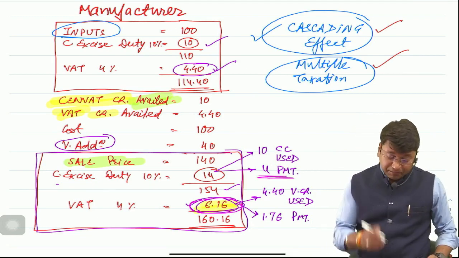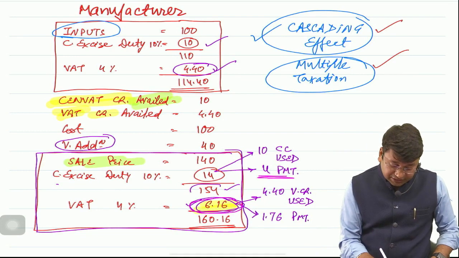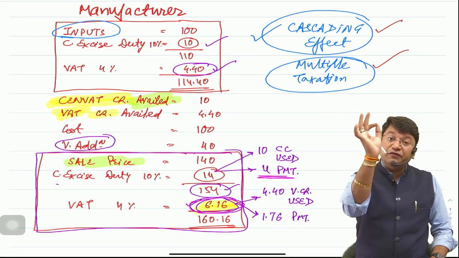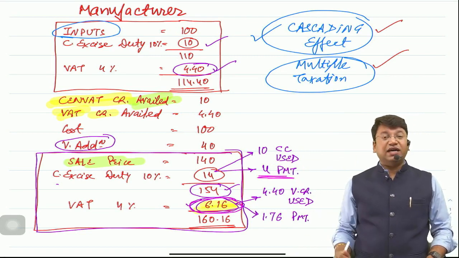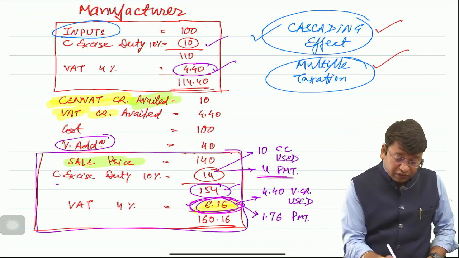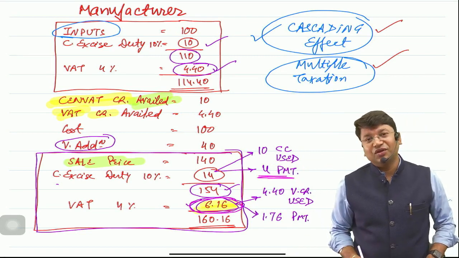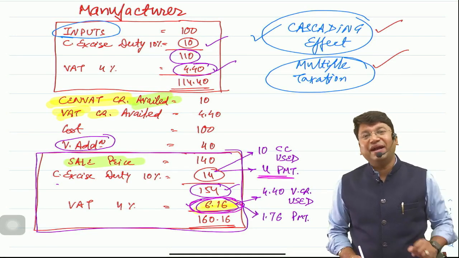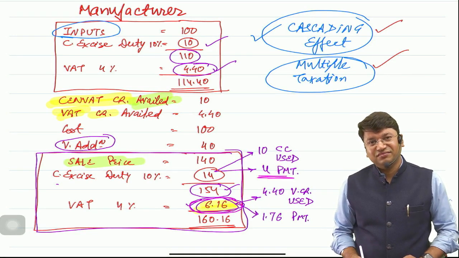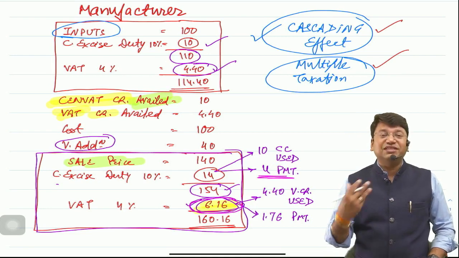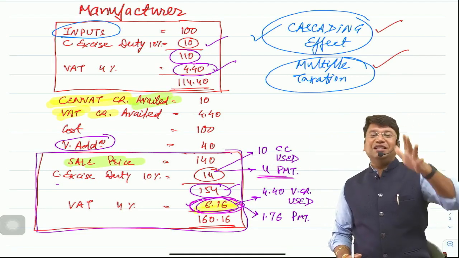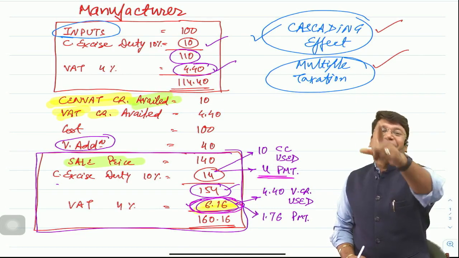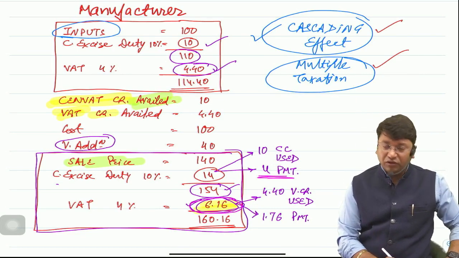Because tax is being charged on the entire rupees 154, which includes 110, on which we have already paid the VAT. And again, tax is being charged on the entire rupees 154, including 110. So to avoid multiple taxation and the cascading effect, the credit of rupees 4.4 is allowed.